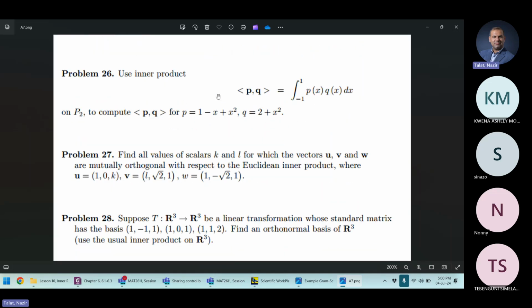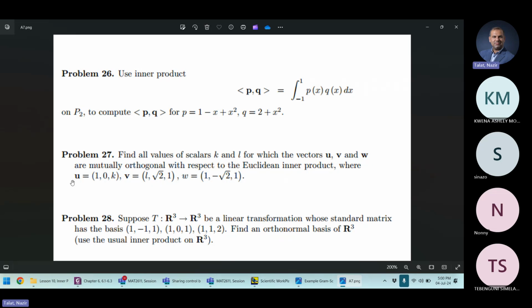In the next problem, number 27, we have to find the values of k and l for which these vectors u, v and w are mutually orthogonal to each other. We know that when vectors are orthogonal, their inner product is equal to 0.